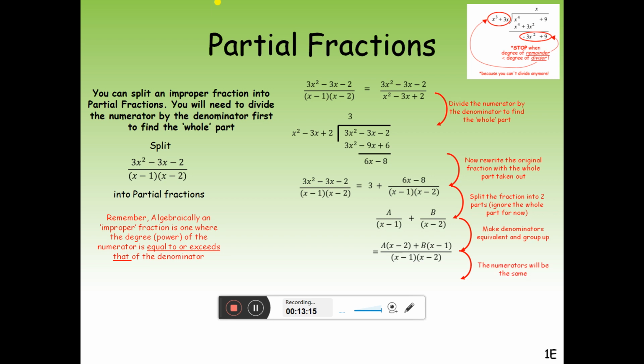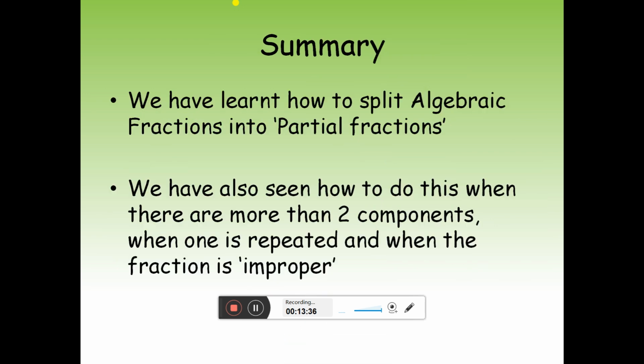We will split into 3 plus (6x minus 8) upon (x minus 1)(x minus 2) by the normal division process, and we get this. You can see this is a normal method which we have already learned.